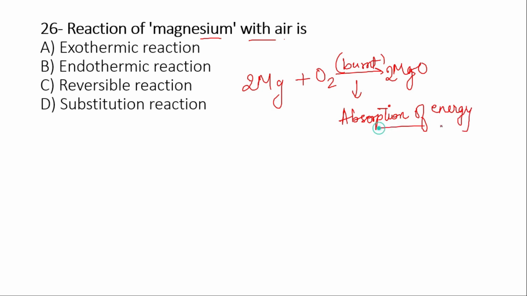So when there is an absorption of energy, this type of reaction is termed as endothermic reaction, right? So this is an endothermic reaction because there is a lot of absorption of energy. ठीक है? Is it so?